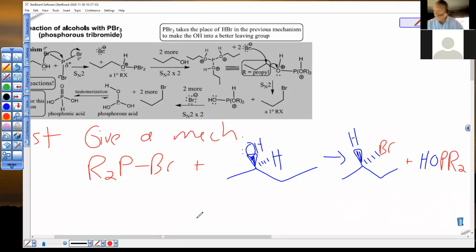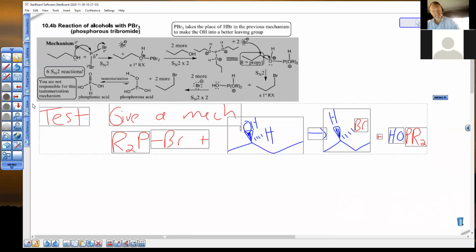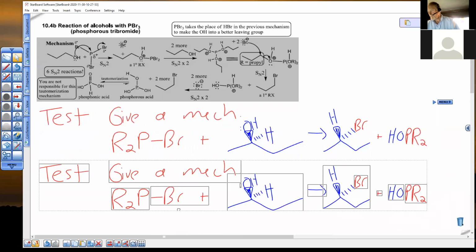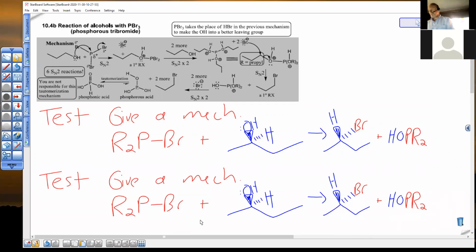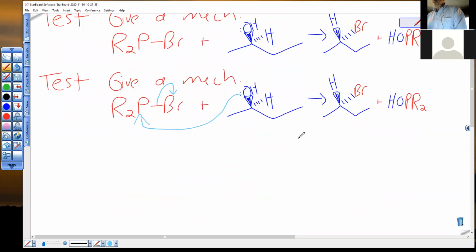So, want a mechanism. So there's our blank version without a mechanism. And this is your favorite mechanism ever because it's going to be so short. Backside attack on the phosphorus. You want to make it look more like a backside attack? Okay, there was nothing wrong with that first one. And it's going to come down here. And you're going to have your blue part.